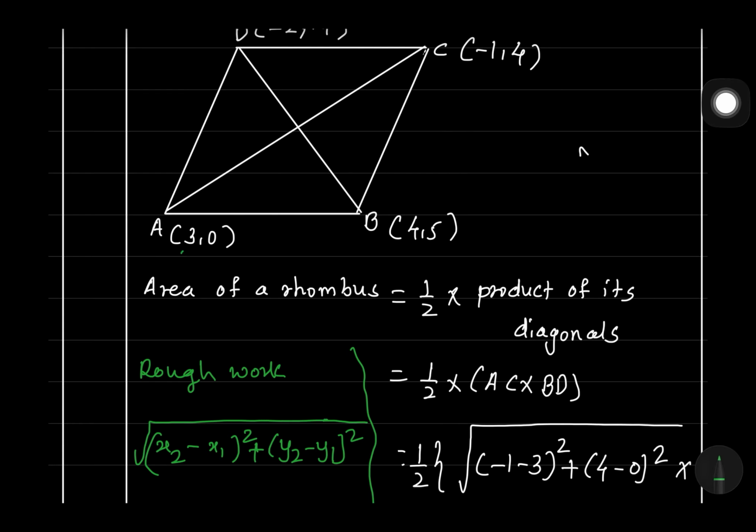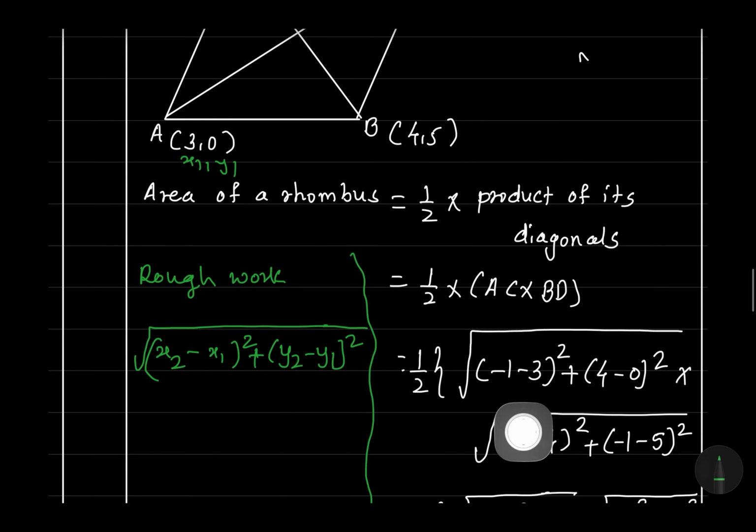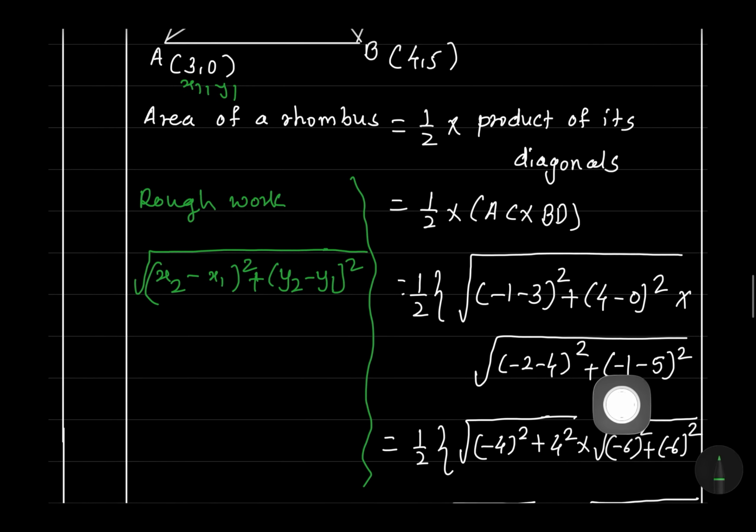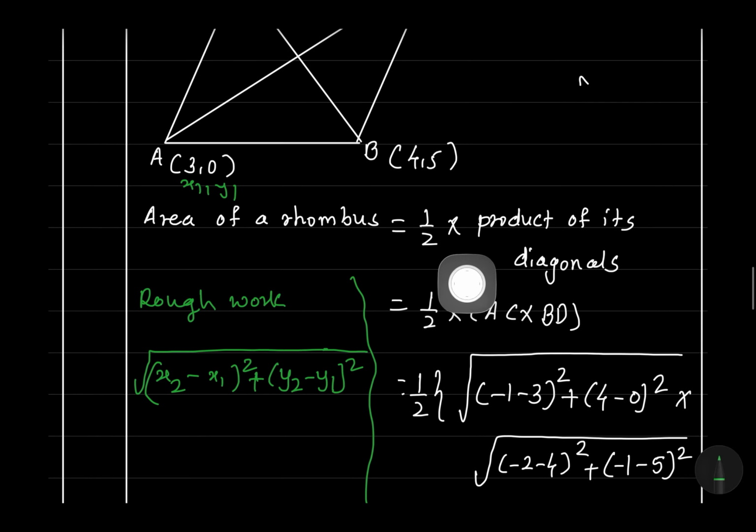So this is x1 and y1, then x2 and y2. Okay, so these points we have to use in the formula. This is for AC, and this is for BD. Then we'll see AC. Here x2 minus x1.